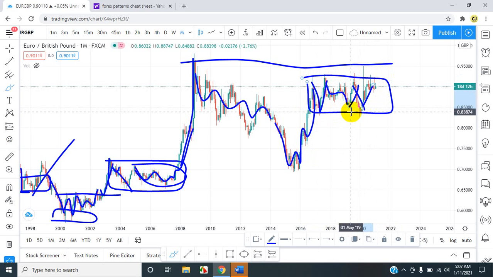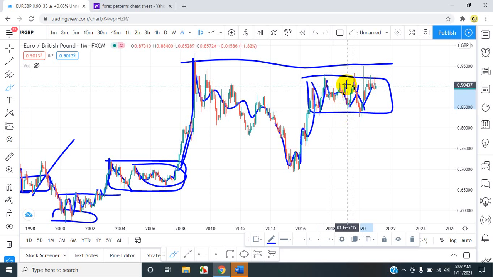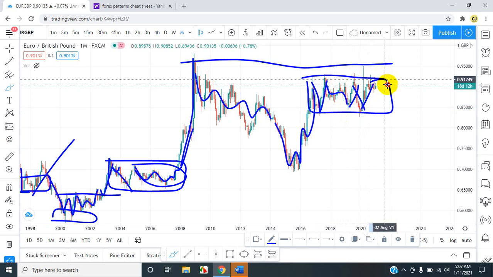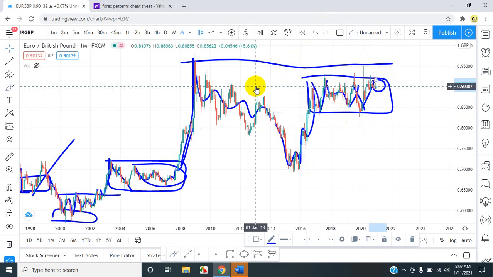You'll probably find multiple touches on the support. But looking at it in this area, it touched 4 times the support and maybe 5 to 8 times on the resistance, and it's not breaking through. And this is what we have with the market currently, price action here currently now. So we have to figure out what's going on in the market.